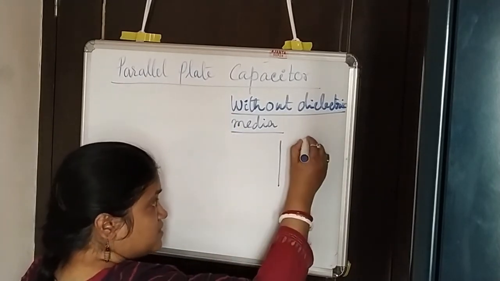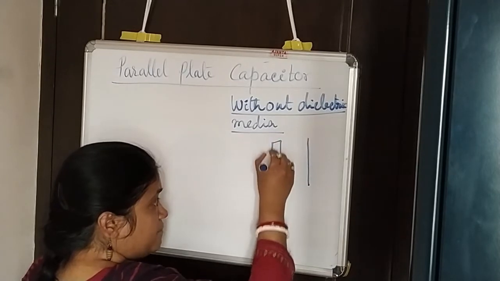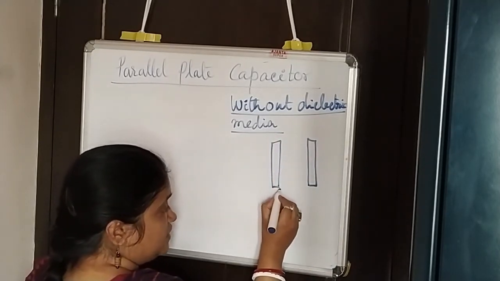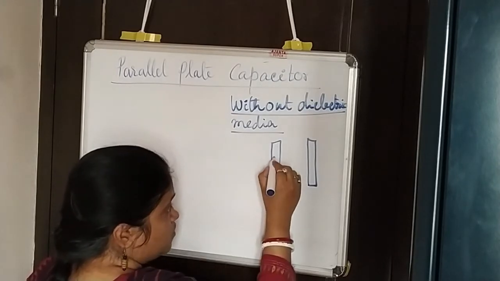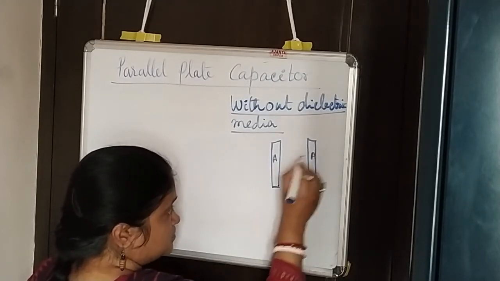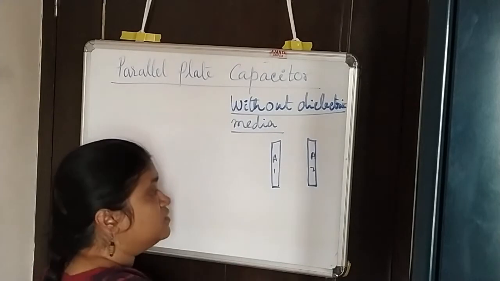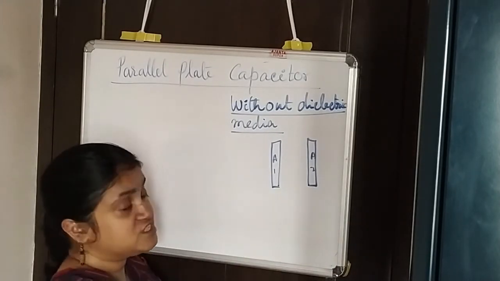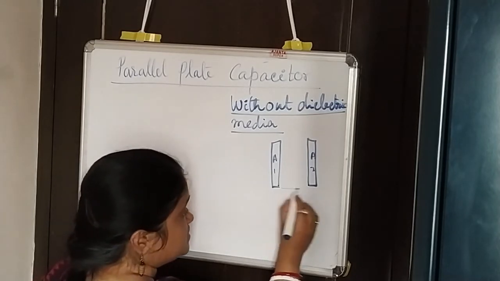It's a capacitor with two metallic plates, each of area A. This is the first one, this is the second one. They have the same area A, and a small distance d between them.